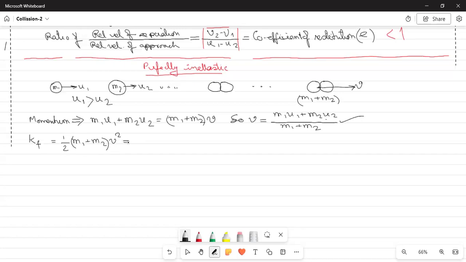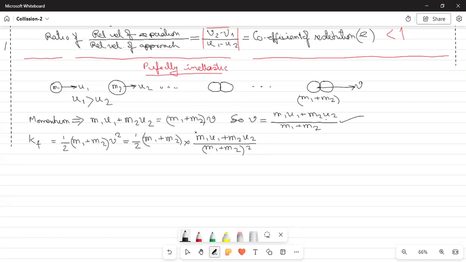This is equal to half M1 plus M2, and what is v? v is given by this equation, multiplied by M1 U1 plus M2 U2 divided by M1 plus M2.